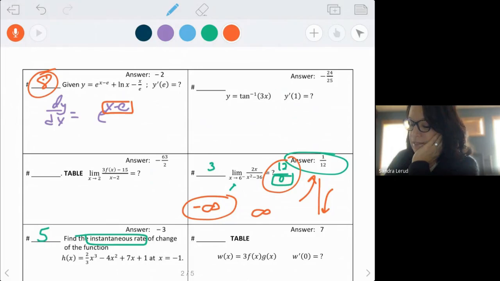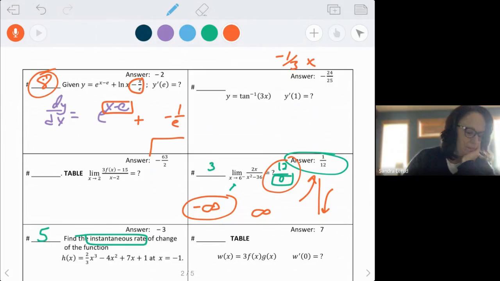So that's that derivative, plus you'll supply the derivative of the natural log of x, plus the derivative of -1 over ex. And again, that'd be like -3x. Its derivative is the constant in front, which is -1/3. So this one would be minus 1 over e. When you're all done and you supply the work after plugging in an e, your answer should be 1.